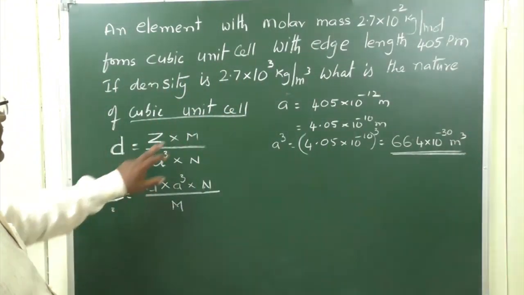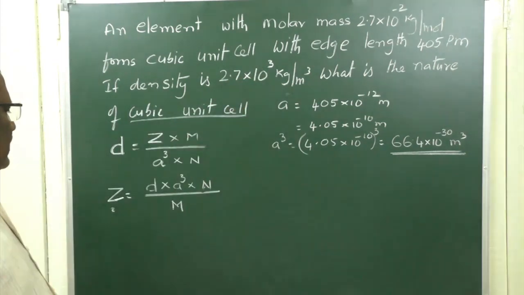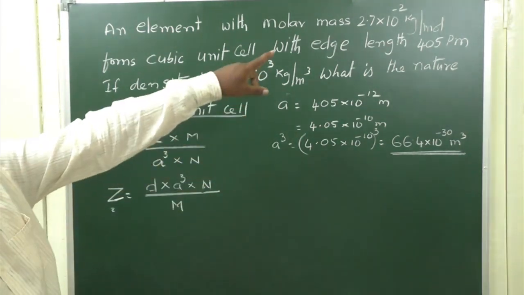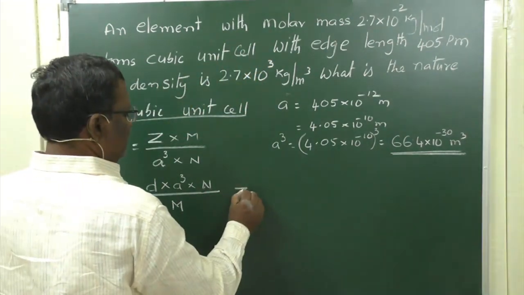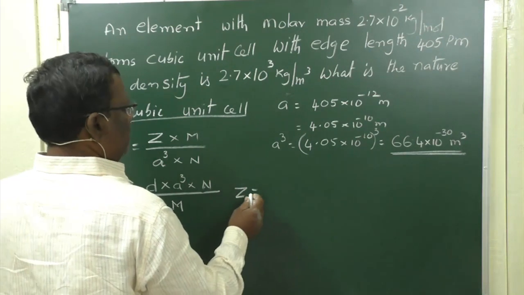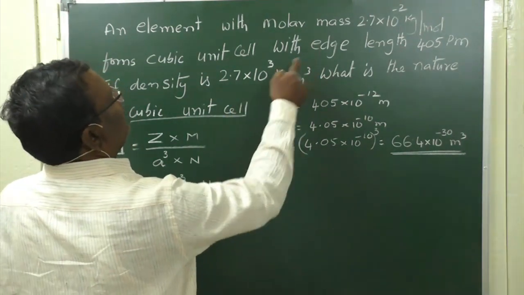We have density 2.7 into 10 to the power 3, N is Avogadro number and gram molecular weight is also given in kilograms. So, Z is equal to D. What is D? Density.